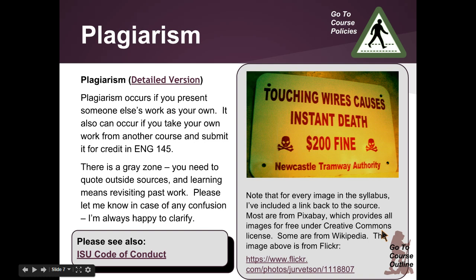But for the purposes of English 145, I will require you to post a link as part of citation. Part of that is so that it does help me differentiate between if a student has created an image as a way to present material in a new way versus someone who has taken an image and adapted it for their project.